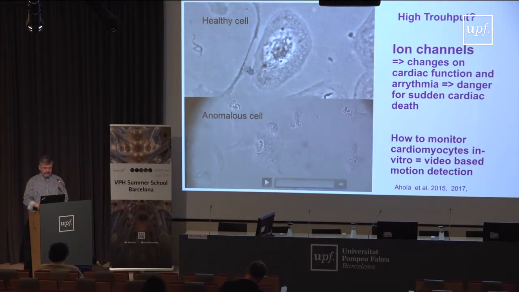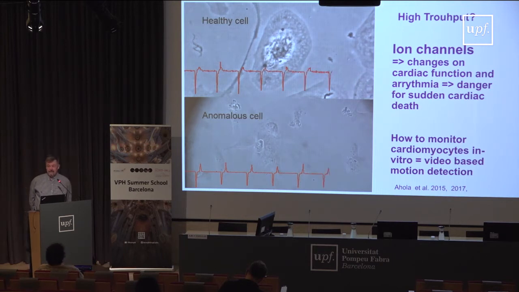And now actually looking at these cells, we started quite many years ago already. Quite simple image processing, and you can actually get the mechanical beating of these cells. And of course, this is much easier because you can grow the cells upon any surface that allows microscopy and video, make the video, and then track the cell beating and have the curves.